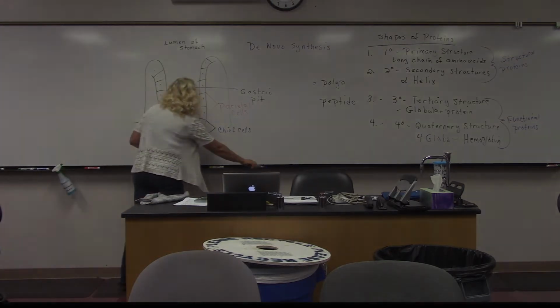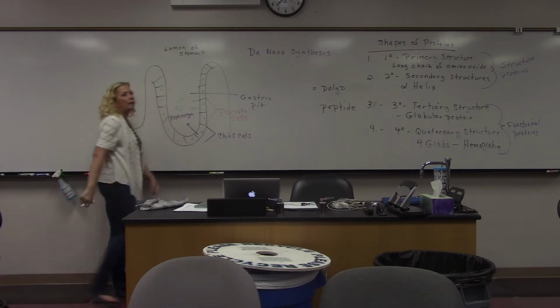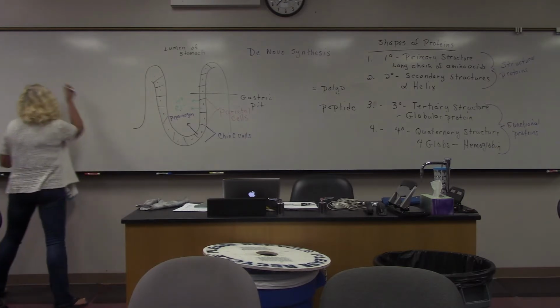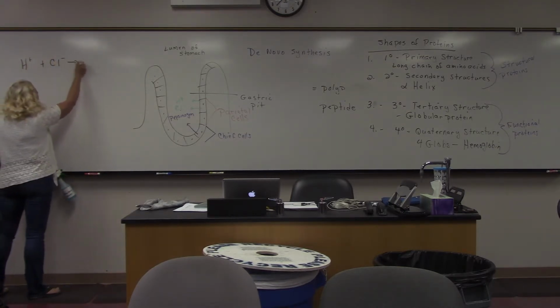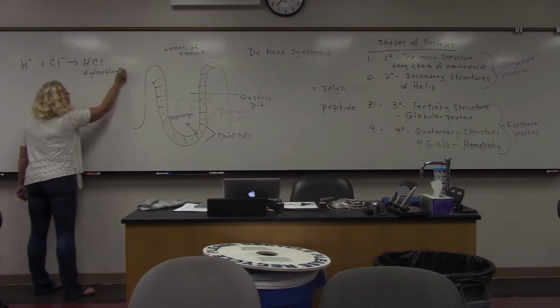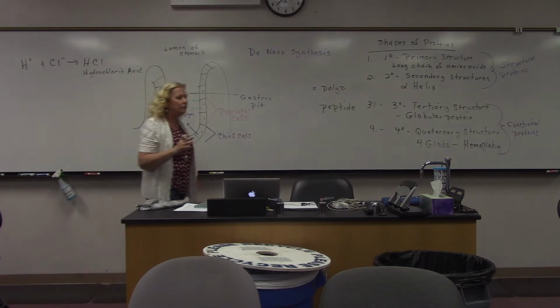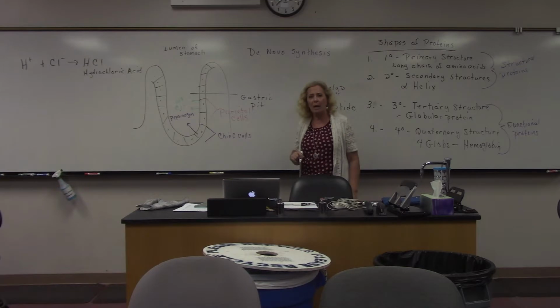Now the parietal cells are secreting hydrogen ions, and they're secreting chloride ions separately. So what we see is you have these hydrogen ions plus chloride ions that mix together to form our hydrochloric acid. And this is what gives our stomach that pH of about 1.5 to 2, which is pretty acidic and can digest just about anything.